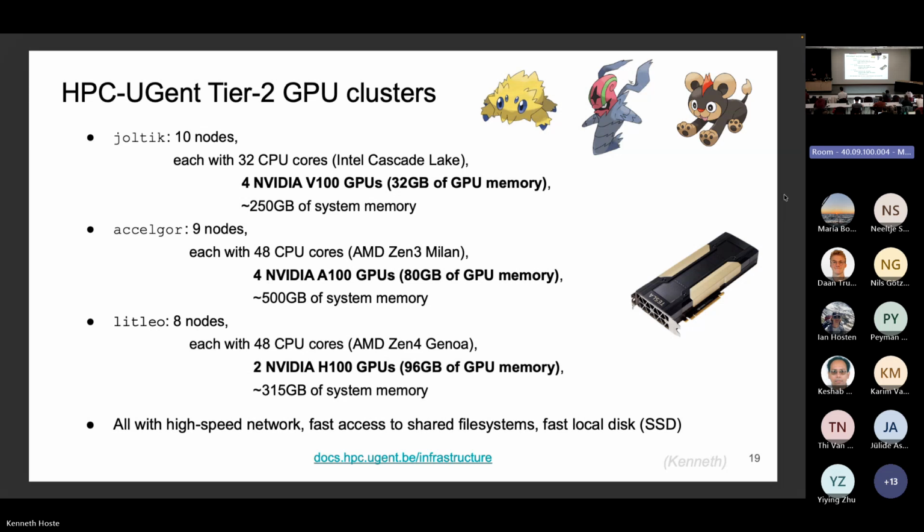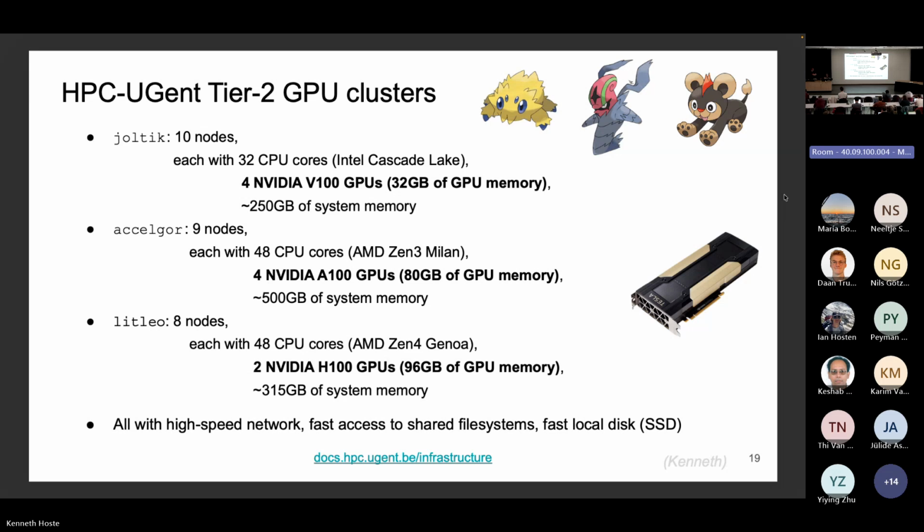And then as you go to Excelgor and Litleo, you get more of the high-end GPUs. The ones in Litleo, the Hopper ones, the H100 ones, have close to 100 gigabytes of GPU memory, next to 300 gigabytes of memory on the node itself. So if you're doing large language models, for example, this is already very attractive to use.